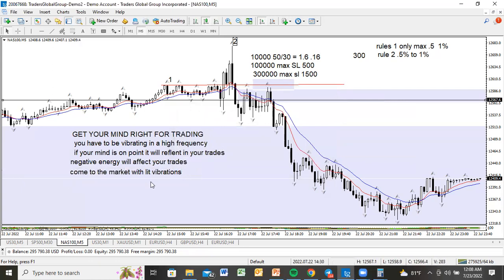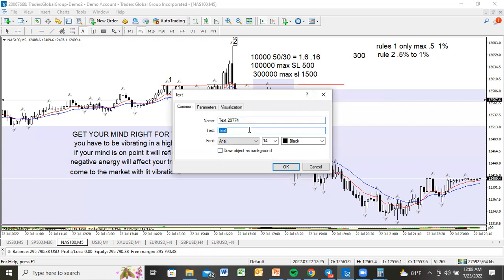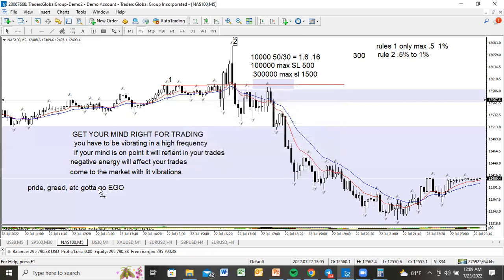The brain has captured pride. The brain has captured greed. And the law of nature is saying that the moment there's negative energy of pride or greed, no matter how good you are, it's going to affect you somehow, somewhere. You cheat someone else and you want to be profitable in the market, it can never happen. I'm telling you, no matter how good you are.